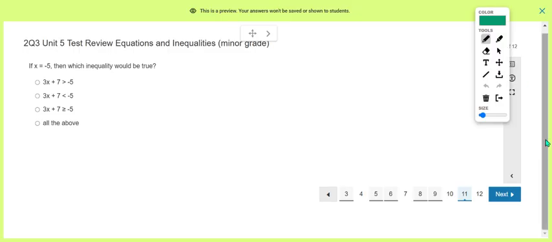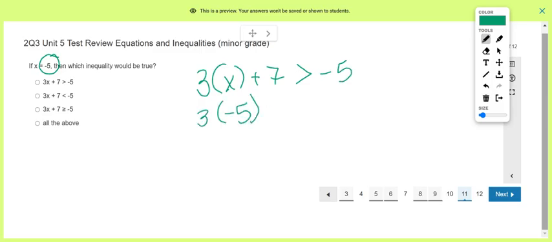There's a little confusion on this one in class. So if x is equal to -5, what it's saying is we're going to take out x and put in -5 to see what that would do to this expression.